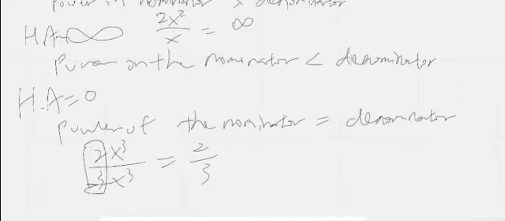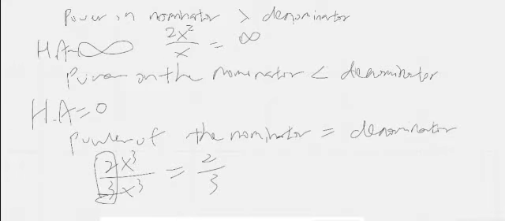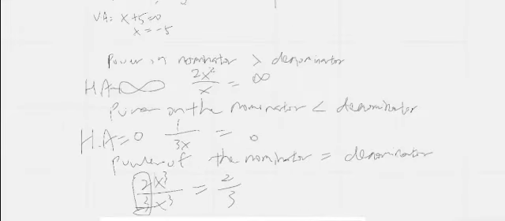And as for the power of the numerator being less than the denominator, we can do something like 1 over 3x, and this will become 0, because as the denominator gets bigger and bigger, the value gets closer and closer to 0. So let's refer back to the question and see what the powers look like.